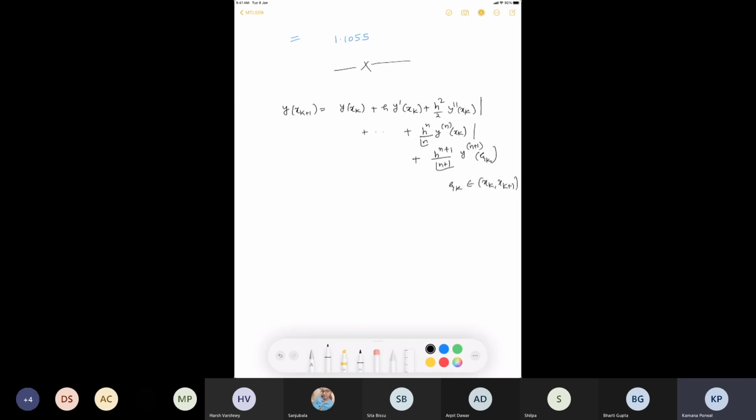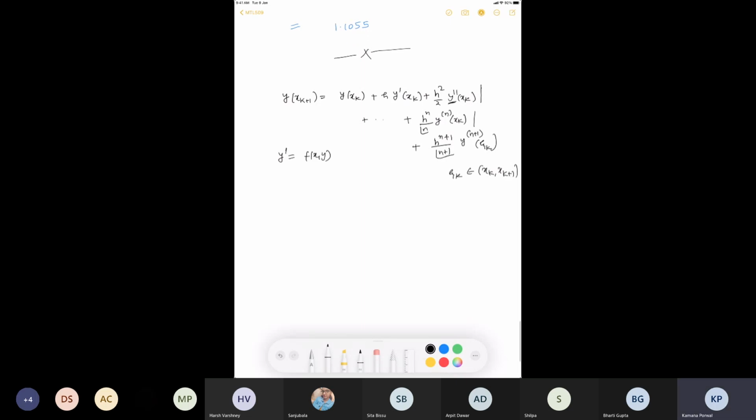Here, note that you are given the information that y prime is f of x, y. So to compute y double prime, you have to differentiate this equation. Since f is a function of x and y both, I have to use the chain rule.